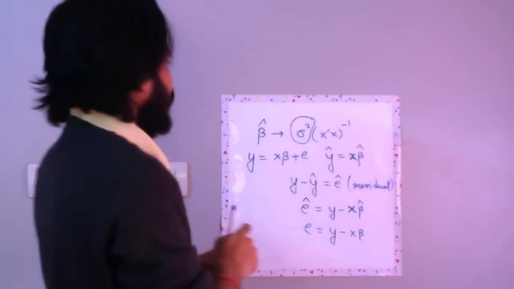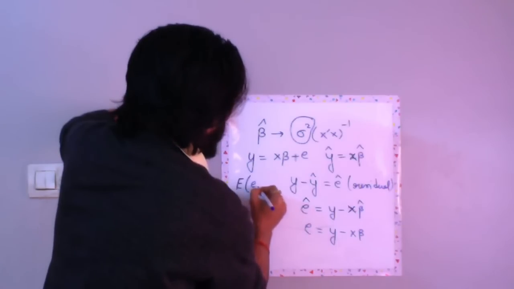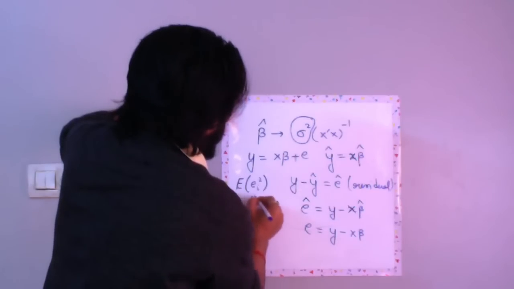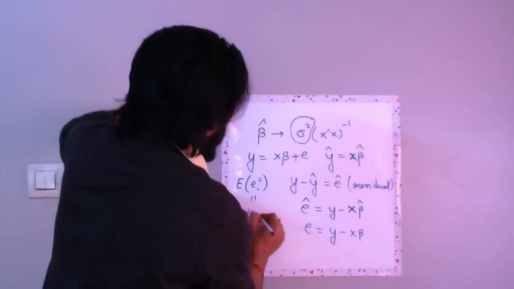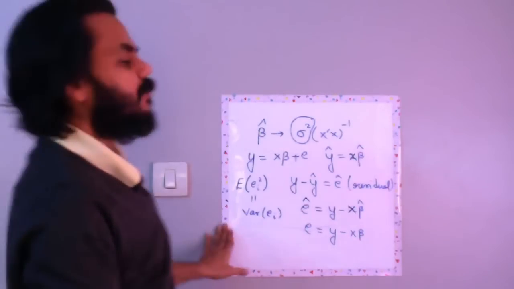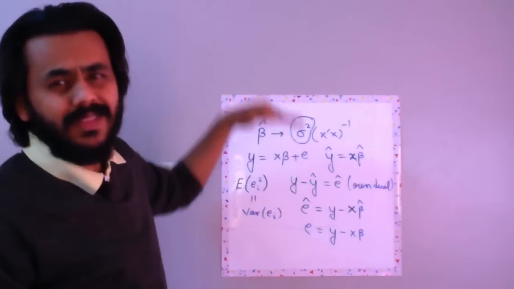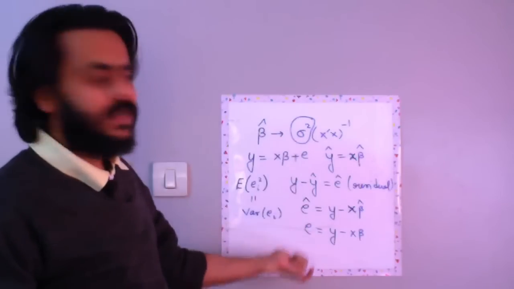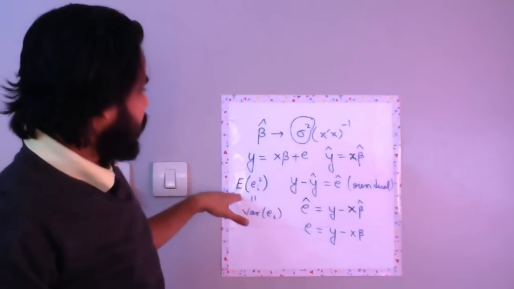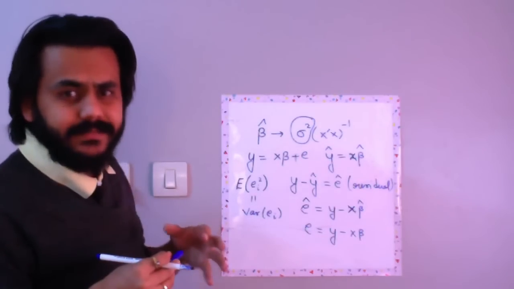Now, as we already know, the expectation of ei square will give you the variance of ei. What do I mean by this? We know that the expectation of e is 0, which means all the terms in the e vector, e1 to et, have 0 expectation.